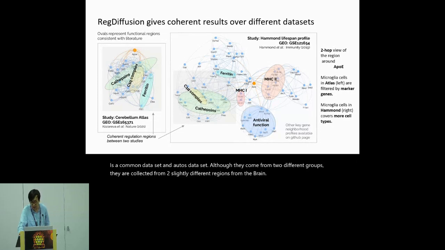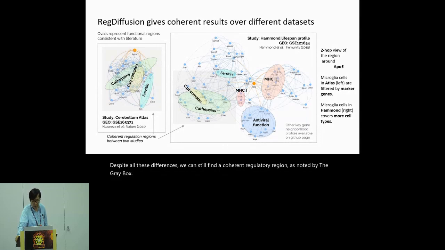And the Atlas data is filtered by marker genes, while the Hamon data set is filtered by experimental methods and includes more subcell types. Despite all these differences, we can still find a coherent regulatory region as noted by the gray box.